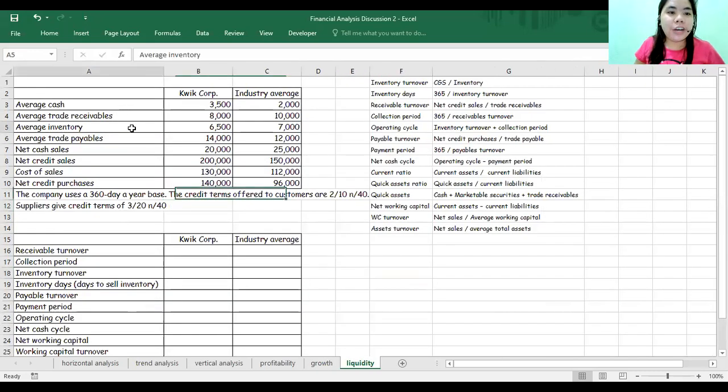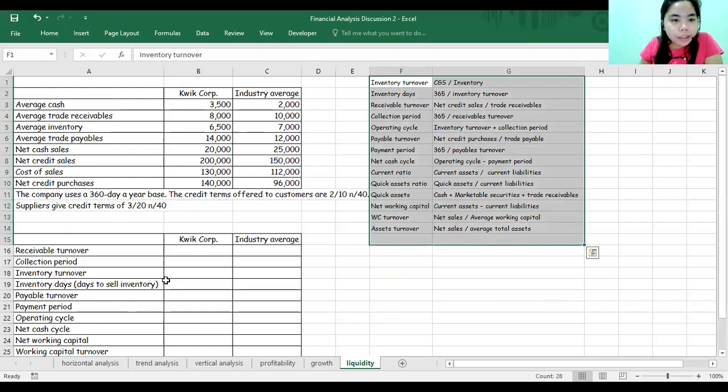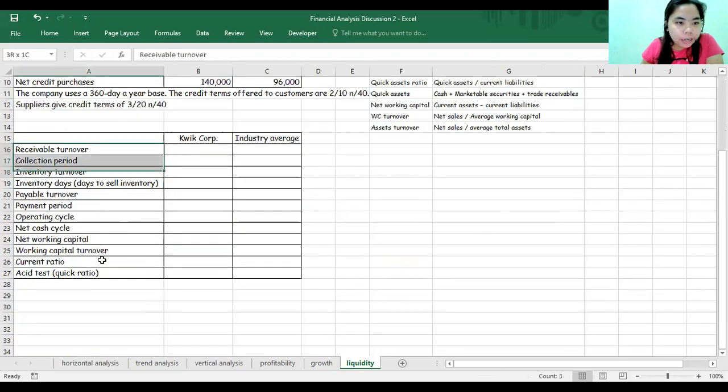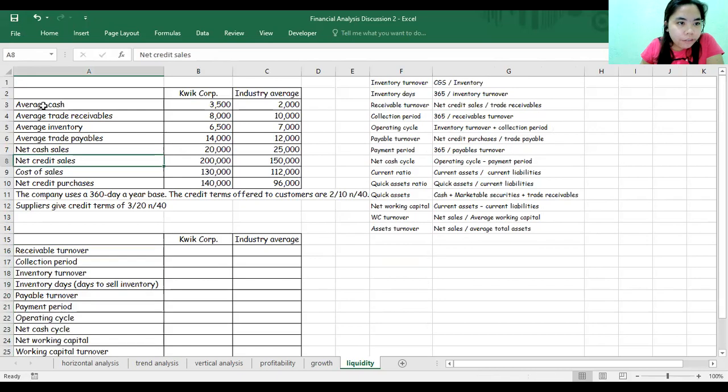Liquidity. You have there in your module, for example, you're working with Quick Corporation, you have the industry average as your basis, as your benchmark. I have here the formula and what is required: average cash, average receivables, average inventory, average payables, net cash sales, net credit sales, cost of sales, credit purchases.